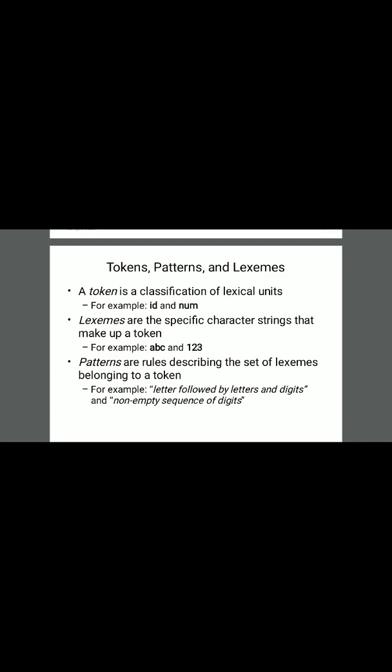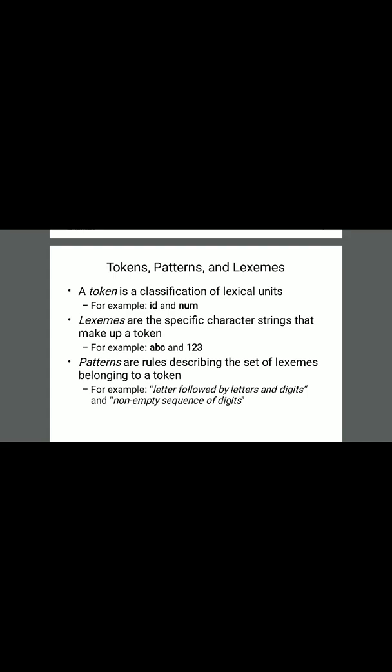For example, here abc is taken. When it reads the character a, it's an alphabet, then it reads the next b, then c. After c, if there is a space, it immediately realizes that it could be an identifier, because we have defined the meaning of identifier.